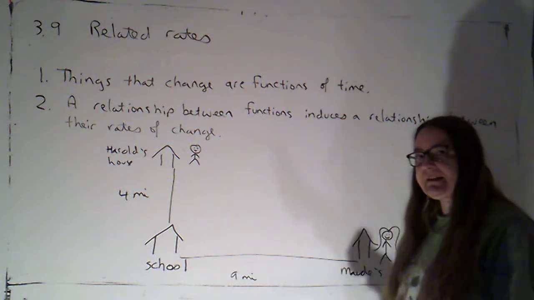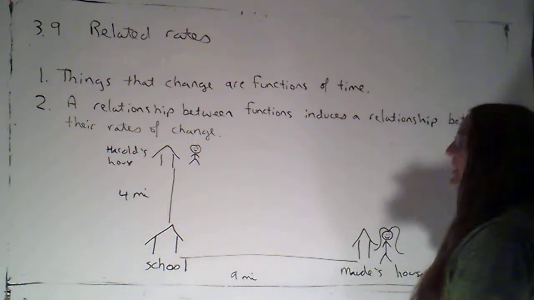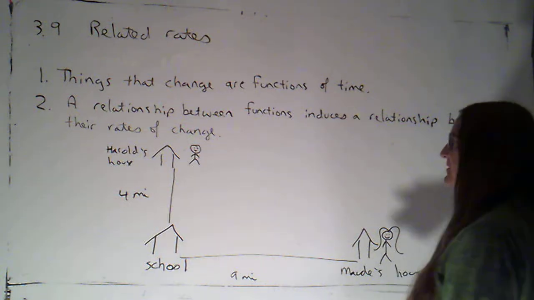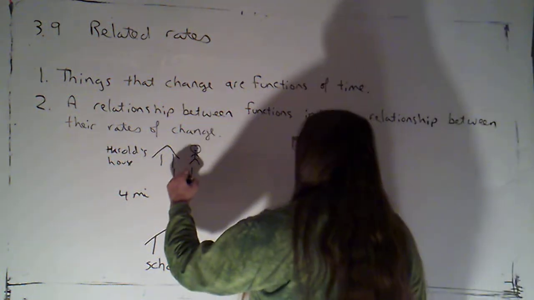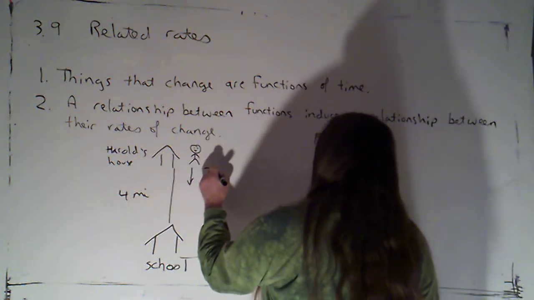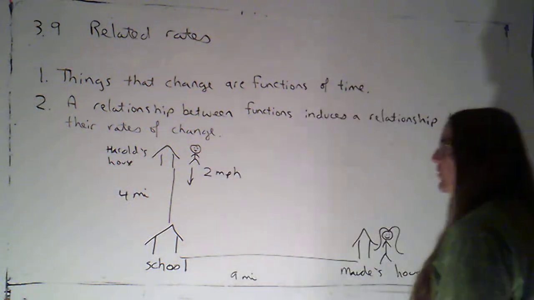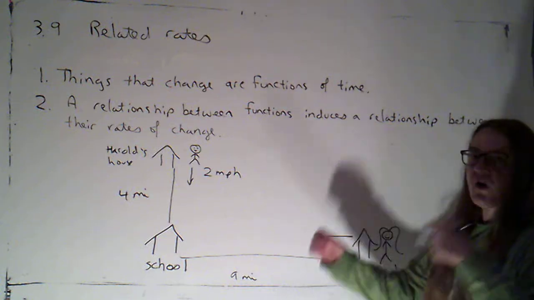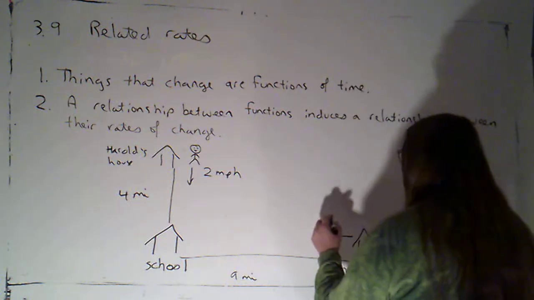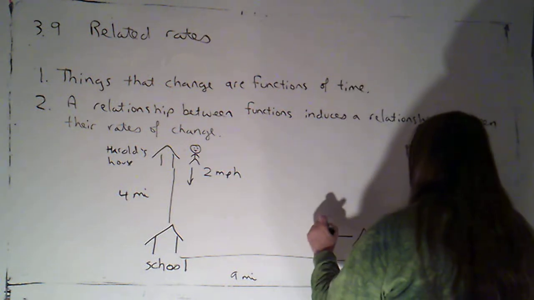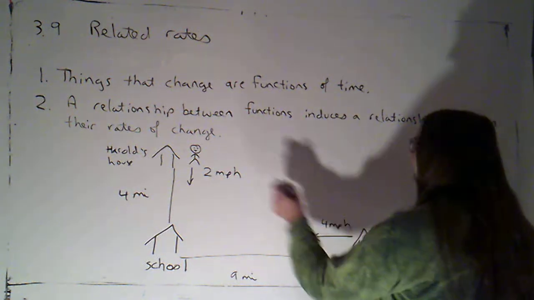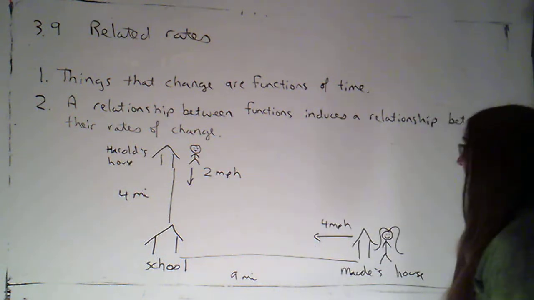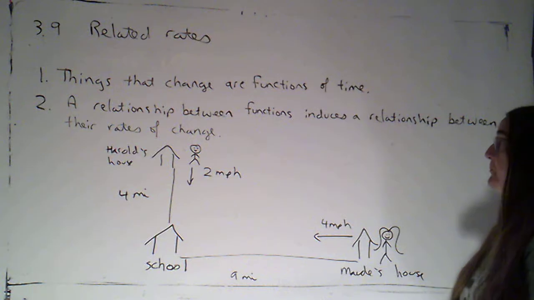And at the very same moment, they both begin walking towards school. So Harold's going to walk this way, and he's walking at 2 miles per hour. Okay. And Maude's going to walk this way, and she's walking a little bit faster. She's going at, we'll let her go at 4 miles an hour. Harold's kind of dawdling just a little bit, but that's okay. He has a shorter distance to go.